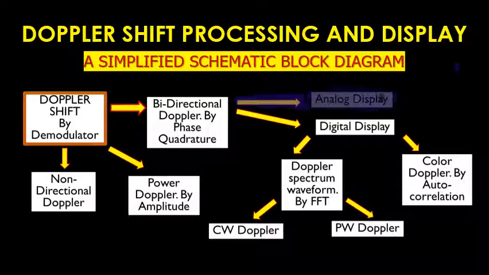The other pathway for the Doppler shift obtained by the demodulator is the power Doppler. Power Doppler uses an amplitude display. It's not displaying the Doppler frequency shift. It displays the amplitude of the received echoes or the received wave, not the frequency shift.